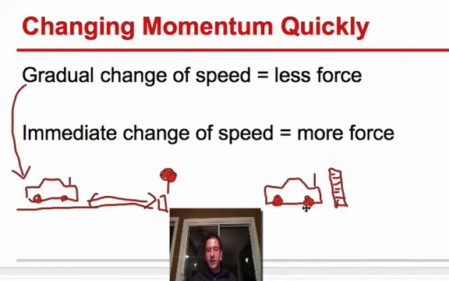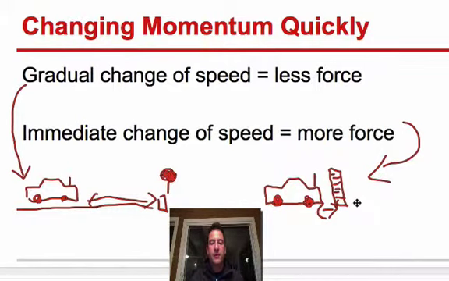Notice the difference in time: it's going to stop almost instantly. Boom, it hits that wall and it stops. So there's an immediate change in speed, and that's going to create more force. So when we change momentum quickly, we increase the force. When we change the momentum gradually, we have less force that's applied. There's still force, but there's less force that's applied.